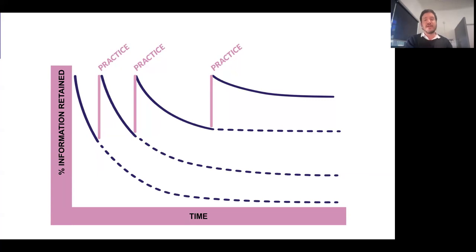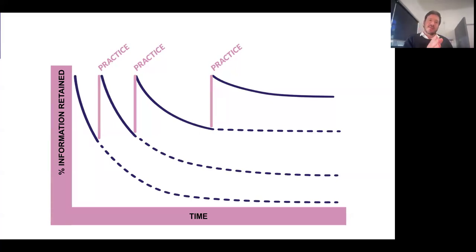What you might also notice in this picture is a gradual increase of time in between practice. That's been studied quite a bit. If we gradually increase the period of time between practice, then the learning is more effective at interrupting forgetting.